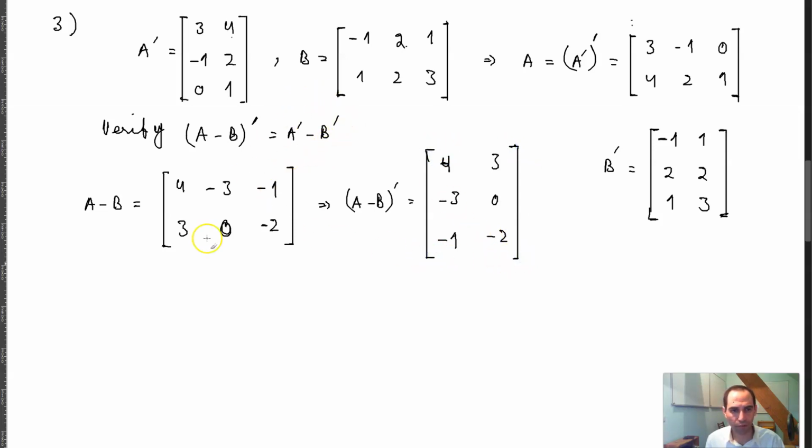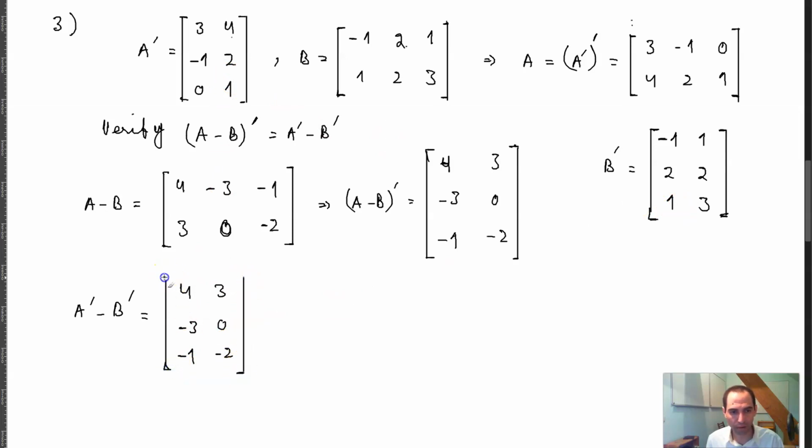And then A prime minus B prime would be this matrix minus this matrix, which is going to give me 3 minus negative 1, which is 3 plus 1, equal to 4, 4 minus 1 is equal to 3, negative 1 minus 2 is equal to negative 3, 2 minus 2 is equal to 0, 0 minus 1 is equal to negative 1, 1 minus 3 is equal to negative 2.